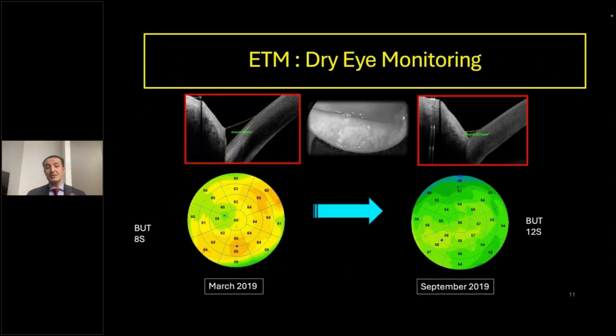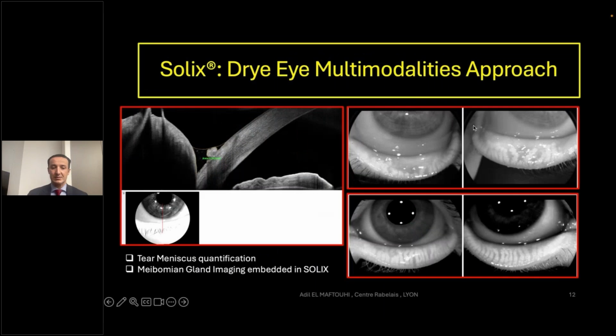And look here, this is the before and the after the treatment of the dry eye with the warm compress and the tears. We observe the reduction of this hyperplasia and a normalized aspect of the epithelium with the increasing of break-up time and the decreasing volume of the meniscus tears observed here and performed also with the best scan with the Solix.